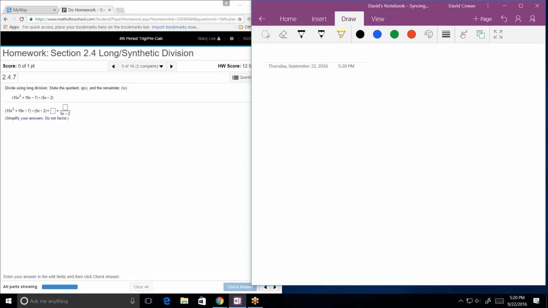So what goes in the box? What is the problem? Oh, you can't see it. I forgot. Here's the polynomial 15x squared plus 19x minus 7, divided by 5x minus 2.